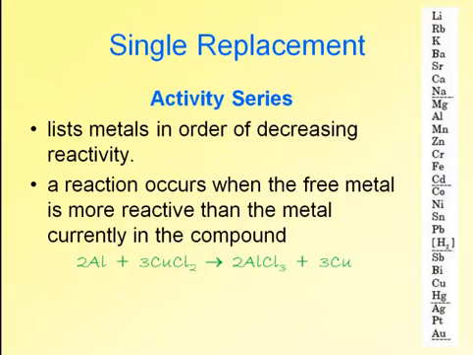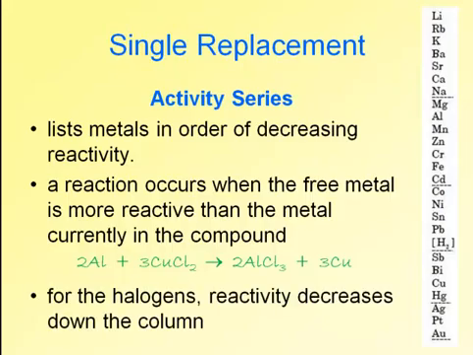What's by itself has to be more reactive, or it can't bust in and break up the compound. So in this case, aluminum must be higher than copper for any change to occur. For the halogens, reactivity decreases down the column, so that's an easy activity series to remember.